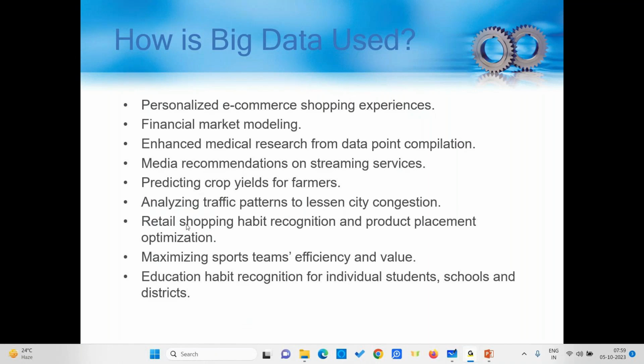Suppose the data in the source systems may not be meaningful, right? So we need to process that data into a meaningful format. That is the job of a data engineer. And data scientists later use that meaningful data and apply their algorithms or machine learning models or data science algorithms on top of the data, and they will get the reports.